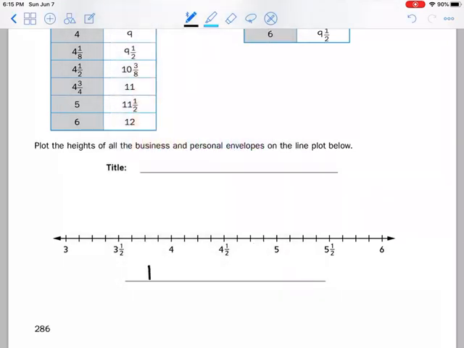So these numbers on the bottom represent the height, because remember, we're just plotting the heights, and I'm going to put in inches. And then my title is going to be envelope heights, because that is what we are plotting.